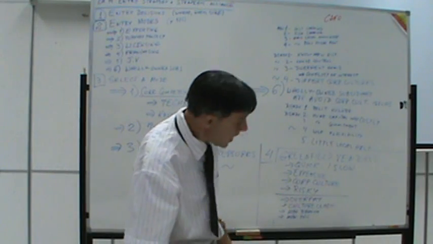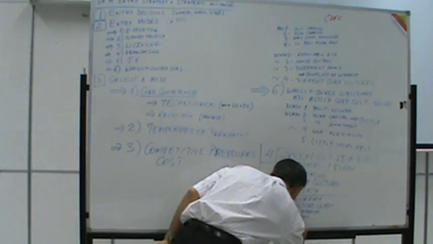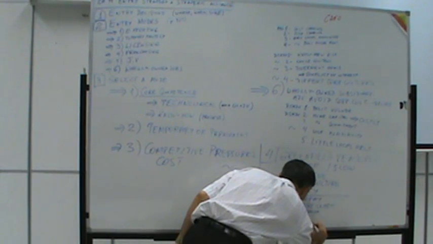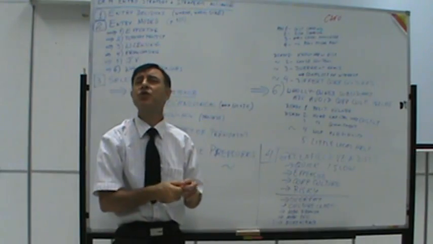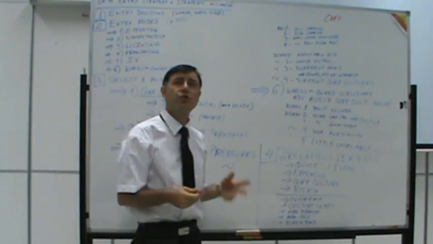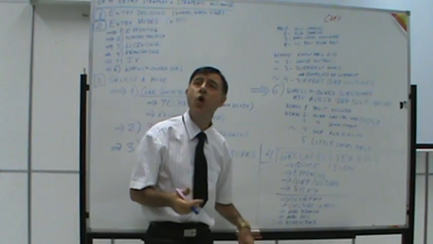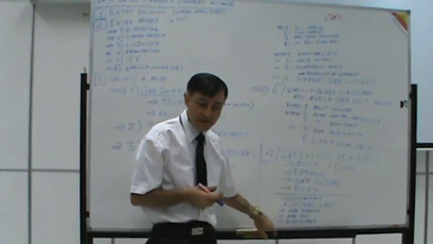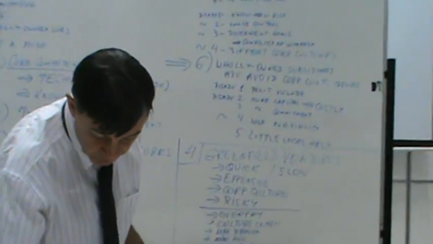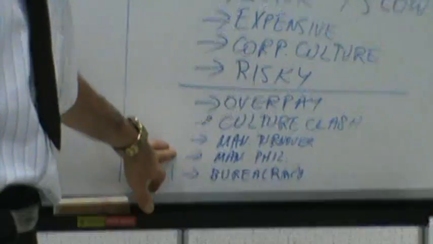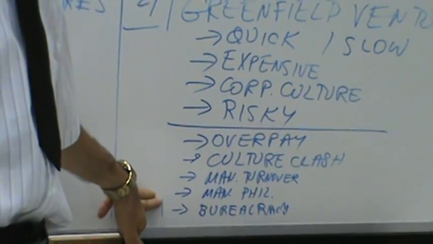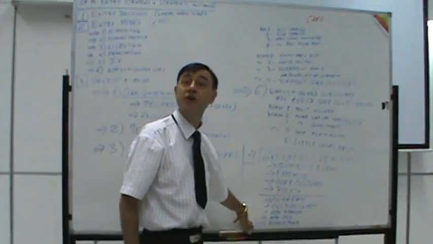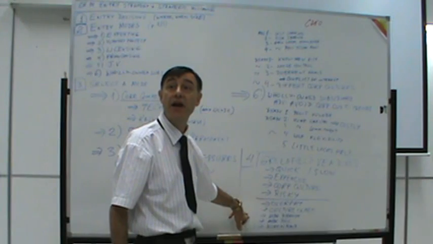Company culture and bureaucracy. You can have bureaucratic problems, bureaucratic haggling over power struggles. All of these are some very, very common reasons for acquisition failures. And all of these represent significant risks and disadvantages of acquisitions.